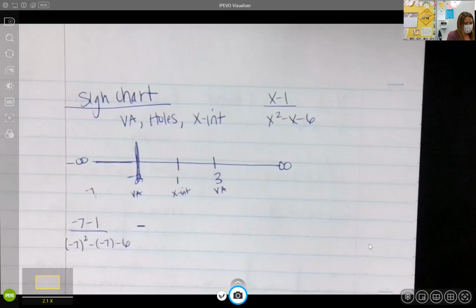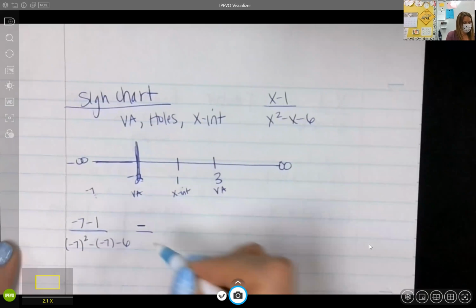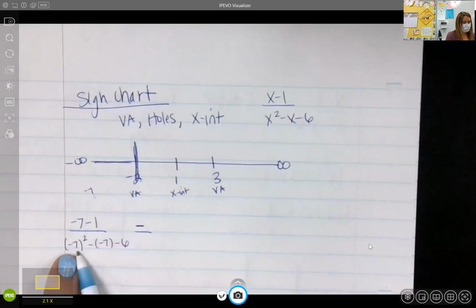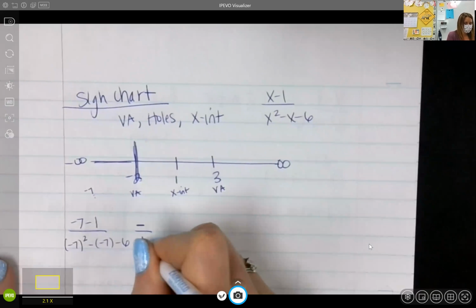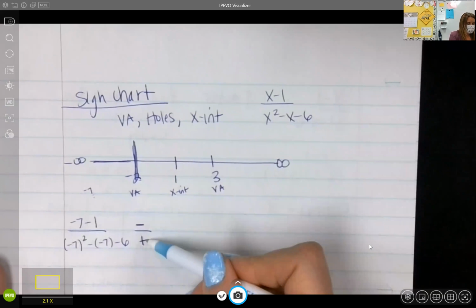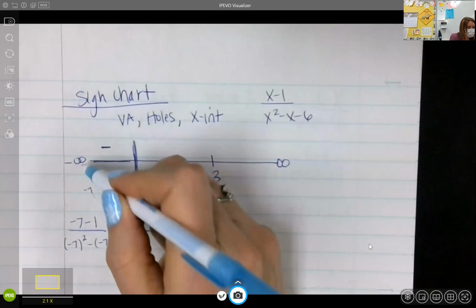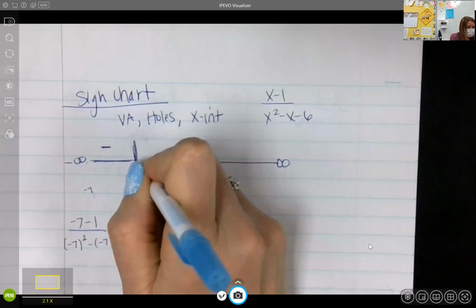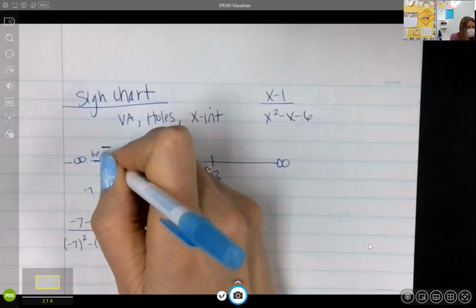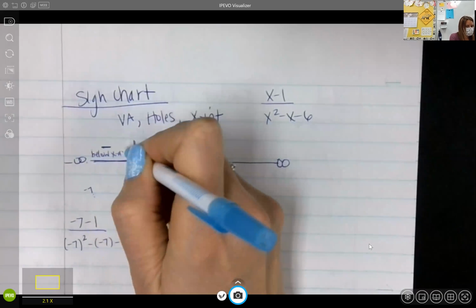Okay, and then on the bottom, I've got a +49, and then I'm adding 7 and subtracting 6. So this is going to end up being a positive number, right, when I add those all together? So altogether, if I divide a negative by a positive, I'm going to get a negative number. Okay, so what that means is between -infinity and -2, the graph is below the x-axis.